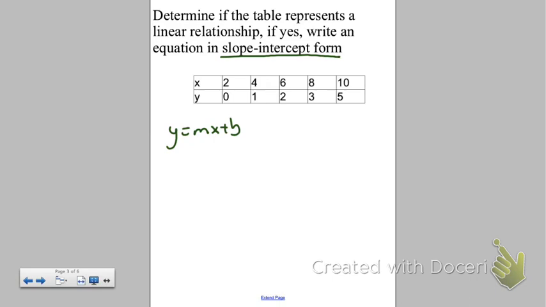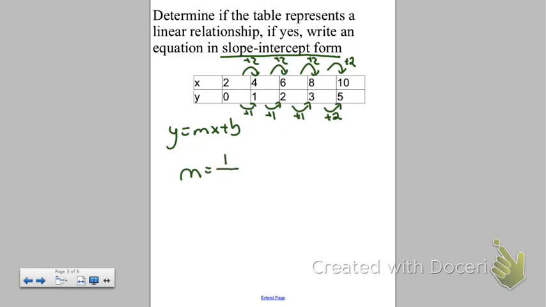So now I'm going to find how I'm changing. For my y's, I'm adding 1, adding 1, adding 1, adding 2. For my x, it's plus 2, plus 2, plus 2, plus 2. So I'm going to determine if my slope is the same for all of them.